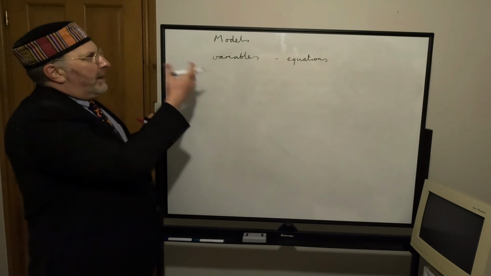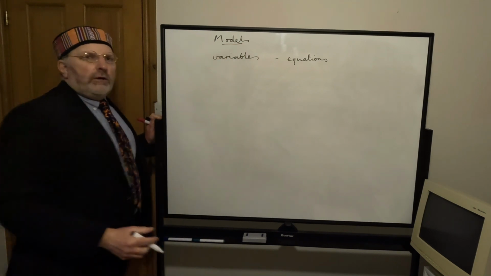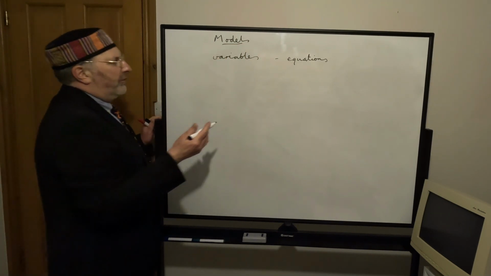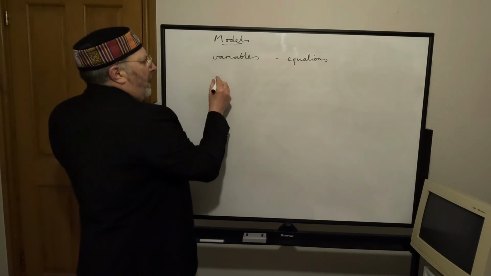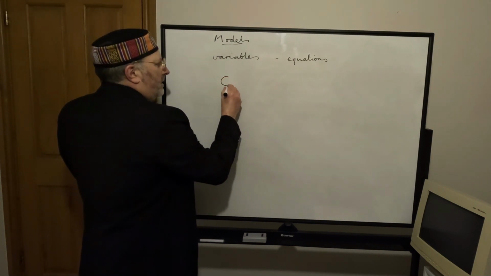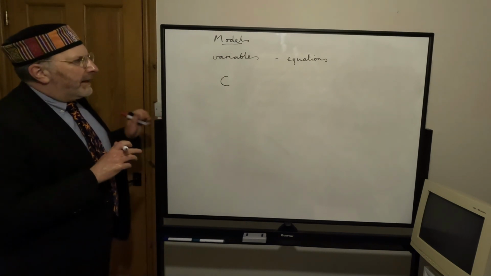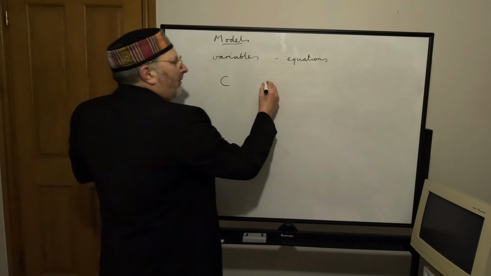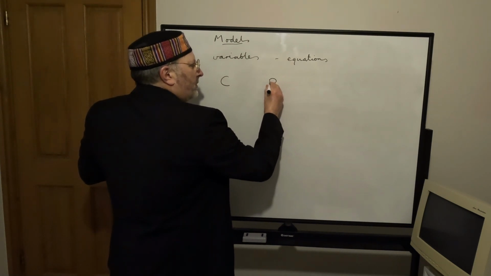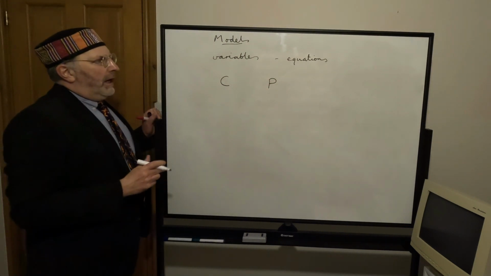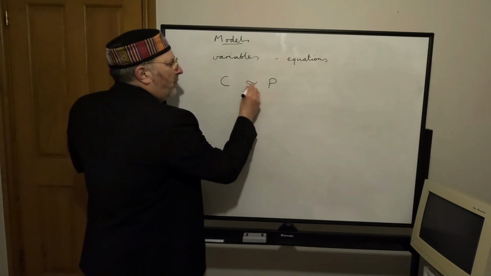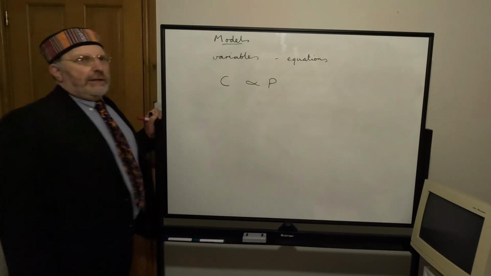So if we take the example that we've just been looking at with per capita crime related to the population of a city, let's say we write the per capita crime rate as capital C, and we think that's correlated with the population of the city P. So we might say that the per capita crime rate C is proportional to the population.